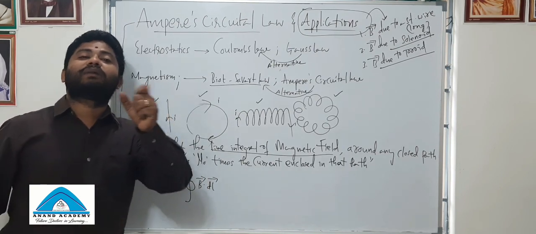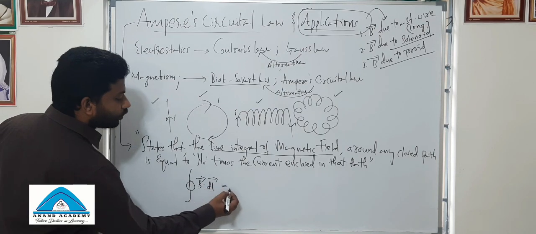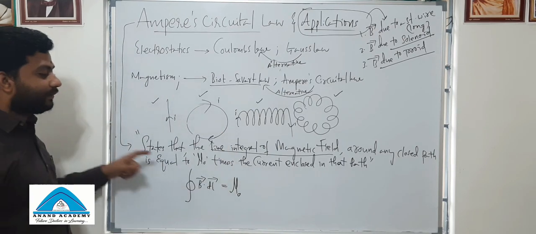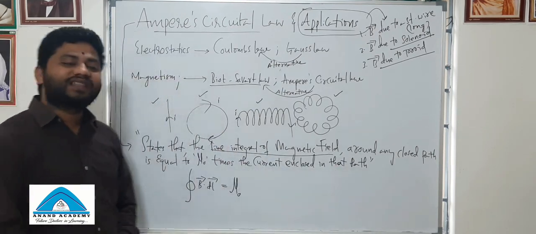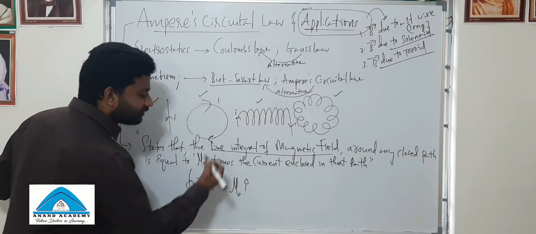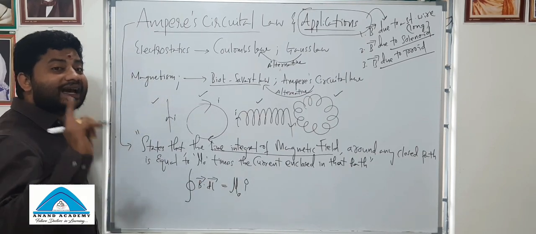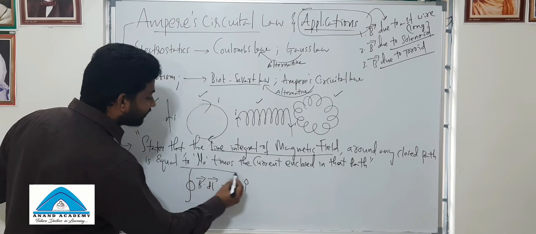dl bar is the elementary length, which is equal to mu naught times the current enclosed in that path. So mu naught times the I. I is the current enclosed, that you should understand here.